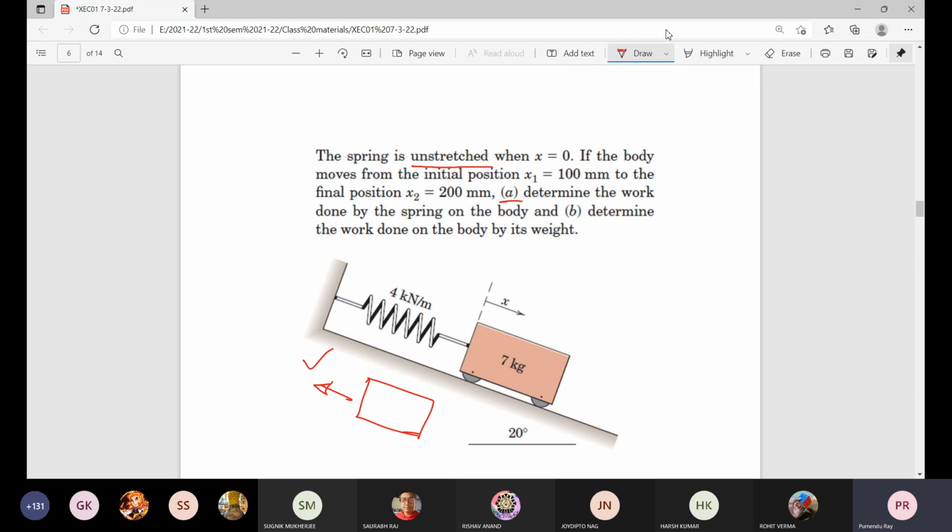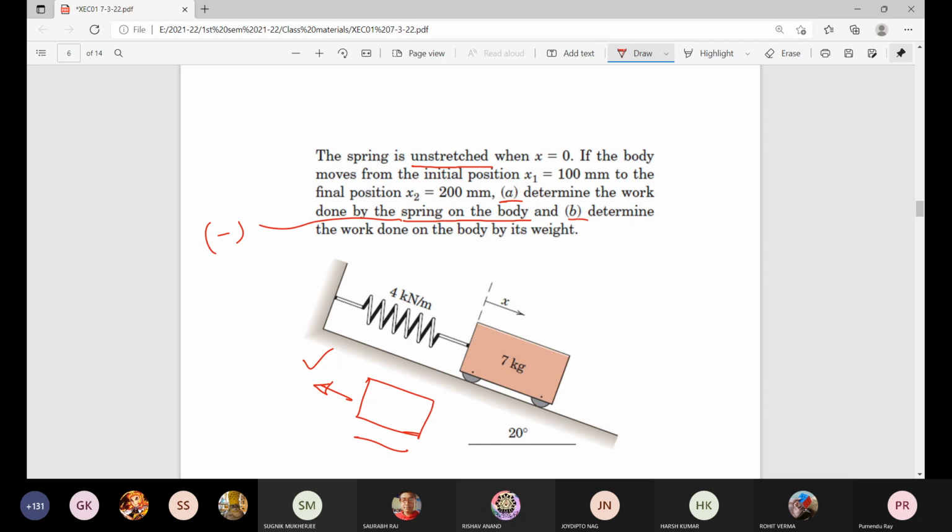And what about the movement? It is opposite to that. So determine the work done by the spring on the body. It will be minus Kx dx. Okay, exactly, because force applied by the spring on the body is up the plane and object is moving downward, down the plane. So it will be negative.